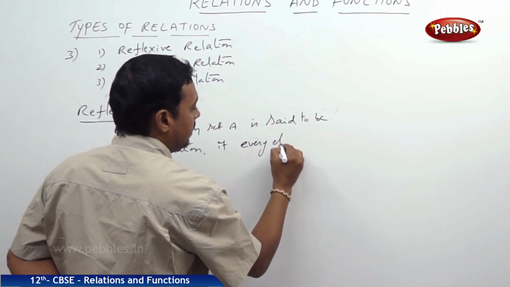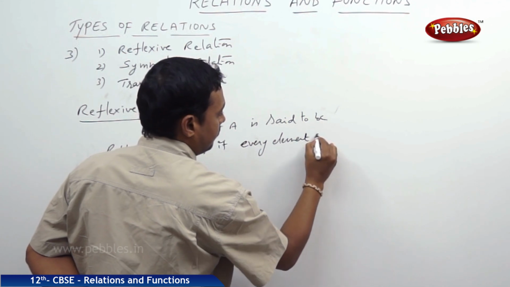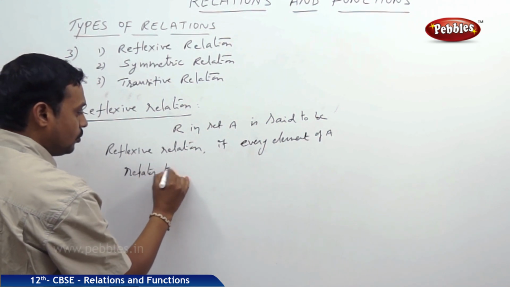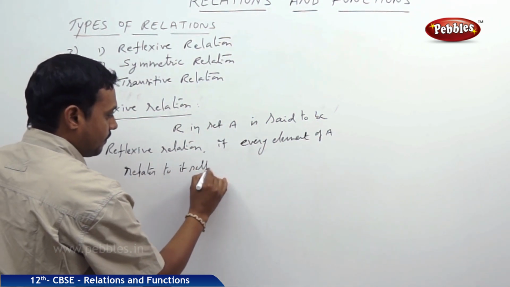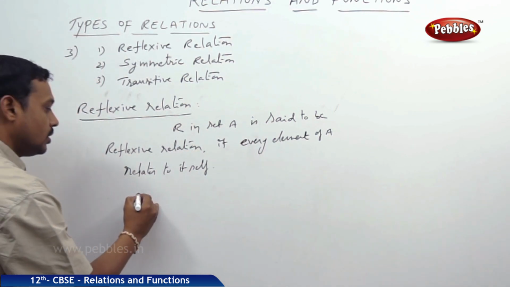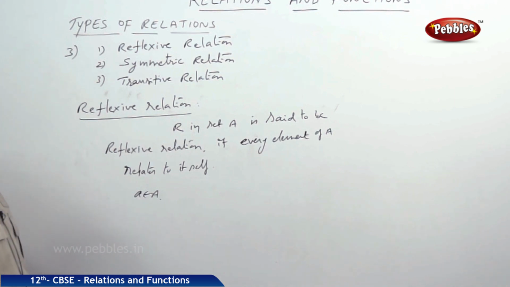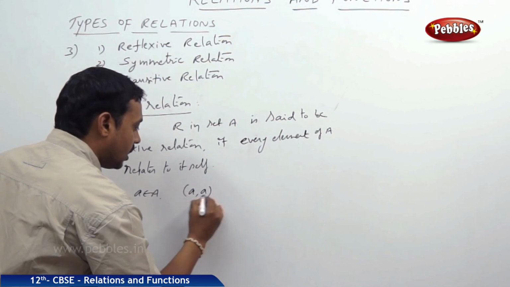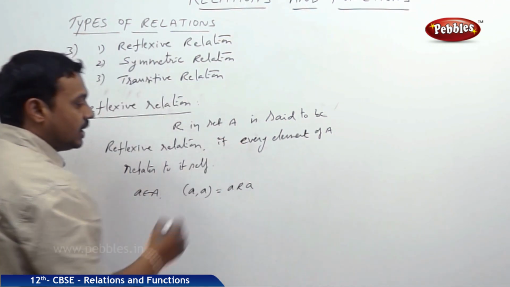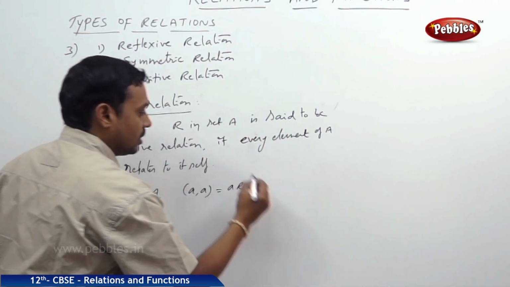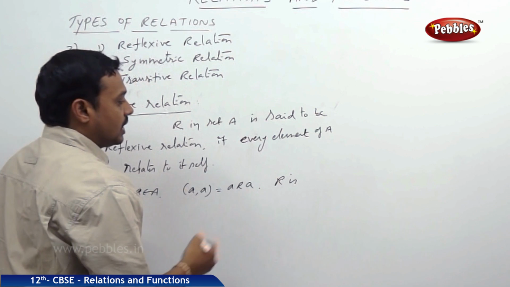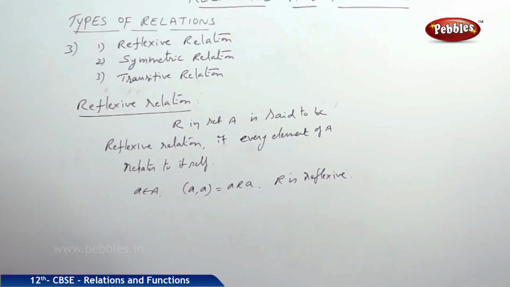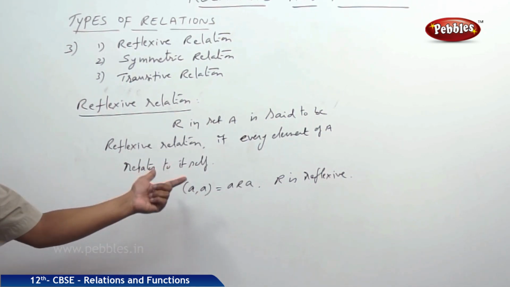In other words, for every a belonging to A, a is related to itself. Therefore, a related to a, that is a comma a. Any relation which obeys this type of condition is known as a reflexive relation. So, reflexive means that every element is mapping to itself.